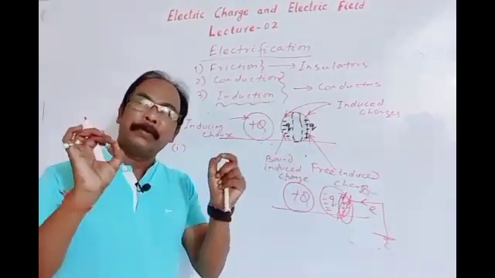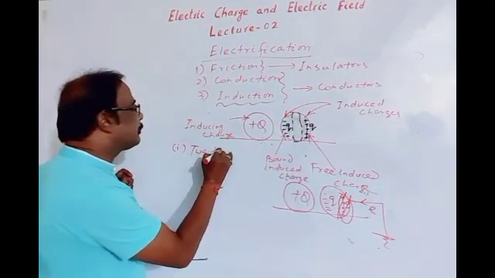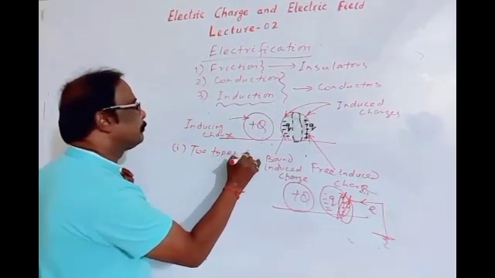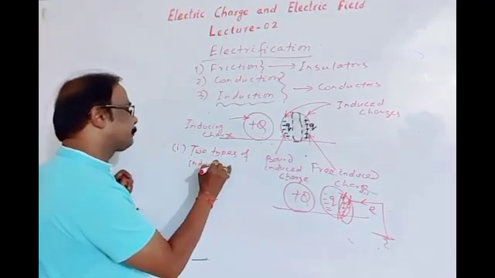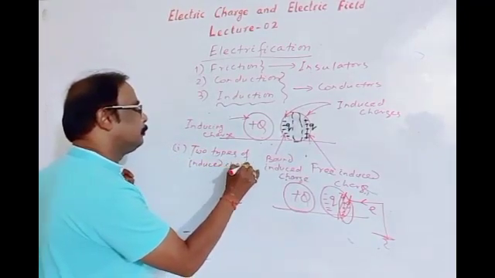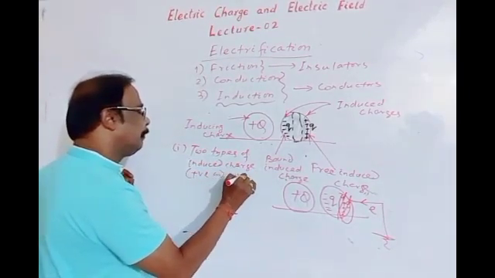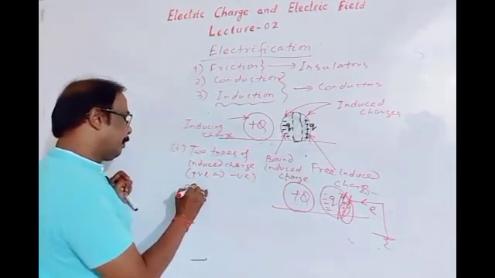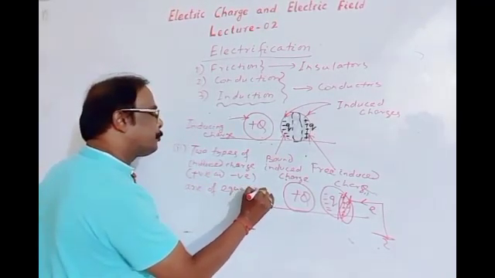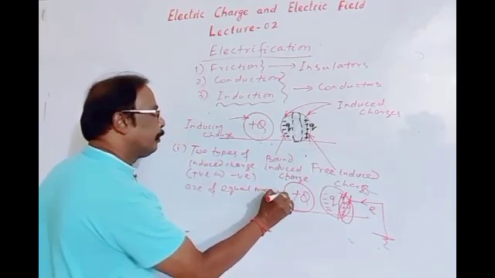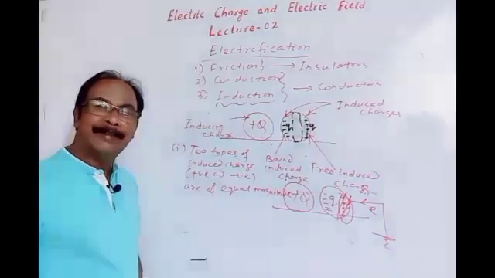The two types of induced charges, positive and negative, are of equal magnitude. Q and Q, equal magnitude, but one is positive, the other is negative.